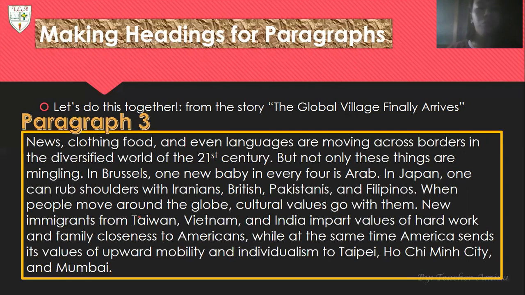When people move around the globe, cultural values go with them. New immigrants from Taiwan, Vietnam, and India impart values of hard work and family closeness to Americans, while at the same time America sends its values of upward mobility and individualism to Taipei, Ho Chi Minh City, and Mumbai.